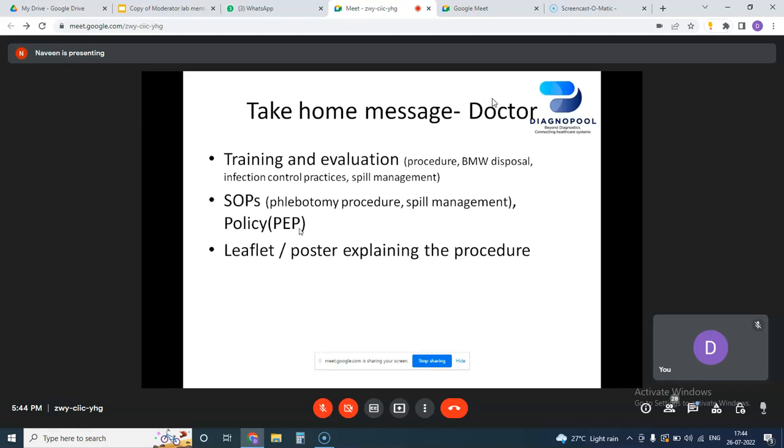The details should be there in the post-exposure prophylaxis policy. And it is always good to have a leaflet or a poster explaining the procedures, so patients can go through them whenever they are waiting in the phlebotomy hall.